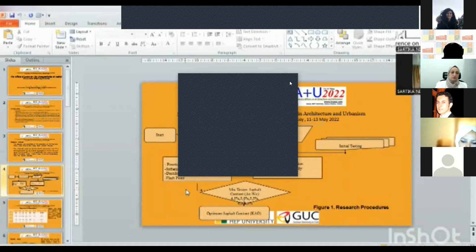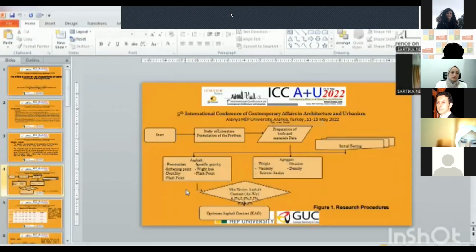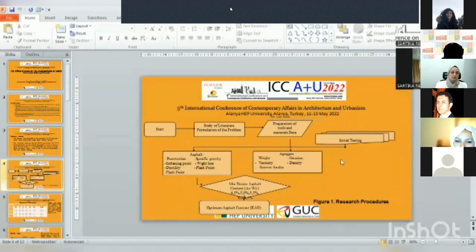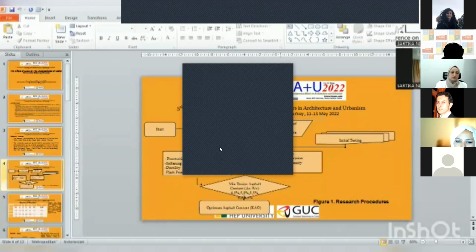Next, we mix the asphalt content of the asphalt concrete wearing course at 4.5%, 5%, 6.5%, and then determine the optimum asphalt content, Marshall test, and then analysis of research results.